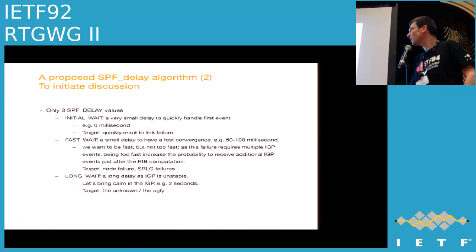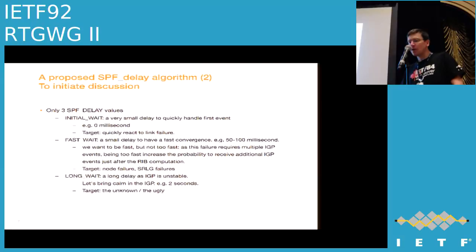Because a node or SRLG failure translates into multiple link failures. And here we still want to be fast, because we still want fast convergence. But we don't need to be very fast, because if we are too fast, we just do the computation before knowing all the topology changes. So here, the second delay is the fast wait.